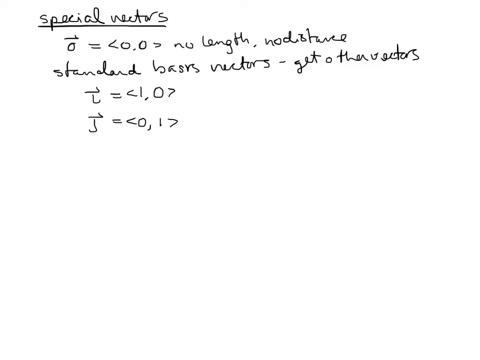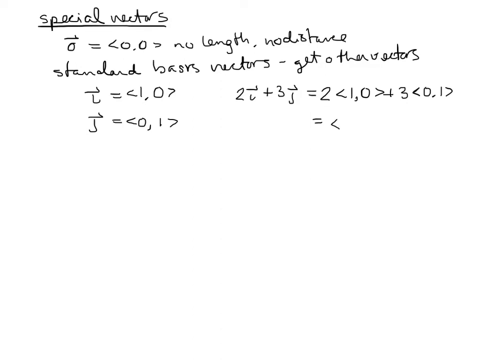And here's an example. We could say, let's take 2 times i plus 3 times j. So I'm just picking some random numbers there to multiply by i and add to j. I'm showing you how this could create any other vector out there. So we would take 2 times the vector 1, 0, plus 3 times the vector 0, 1.